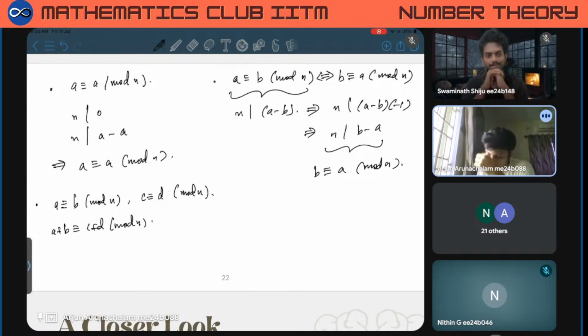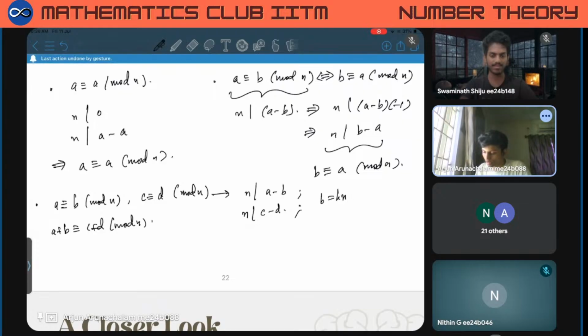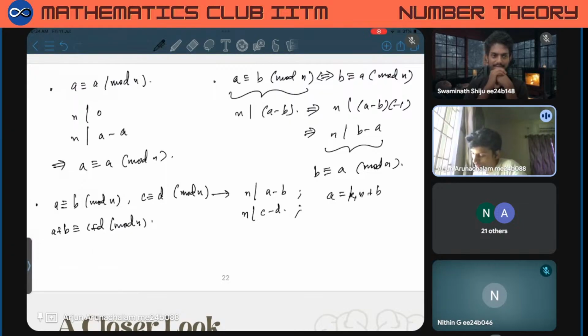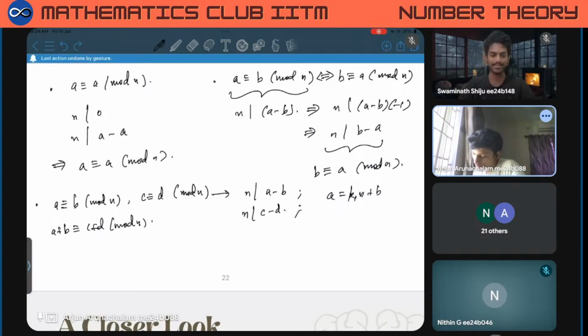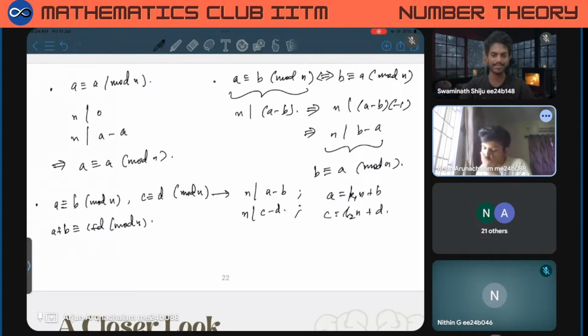So from here you have that n divides A minus B and n divides C minus D. So you can write A as some k1 n plus B and C as k2 n plus D, right?